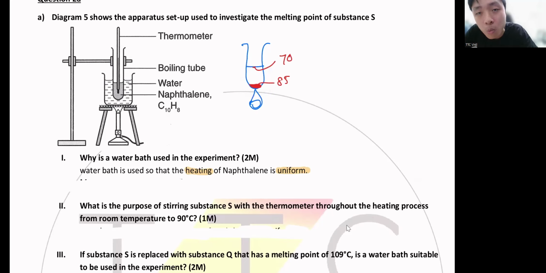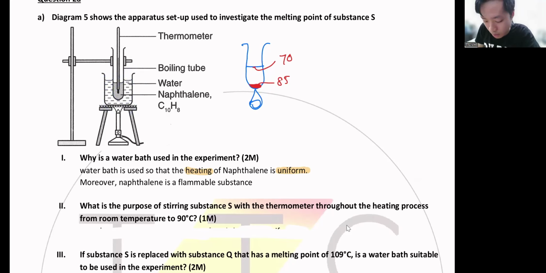They don't want one side at 80 and one side at 90. They want to make sure all are even. Water can do that. You heat the water, which will warm up the naphthalene. Also, you cannot heat naphthalene directly because it is a flammable substance, and can catch fire if you just heat it straight away.